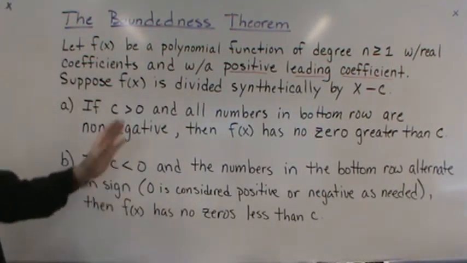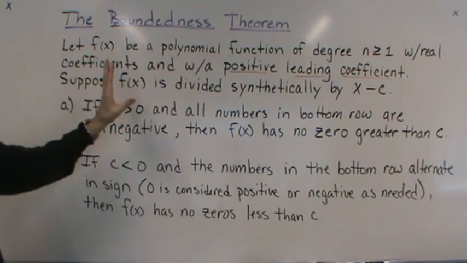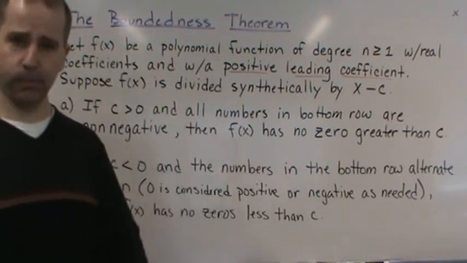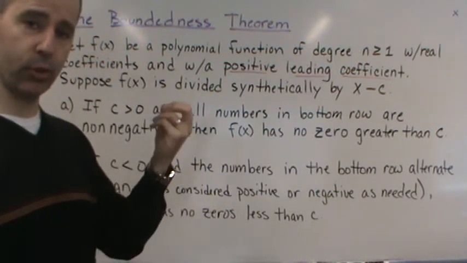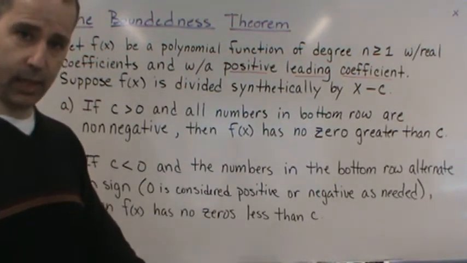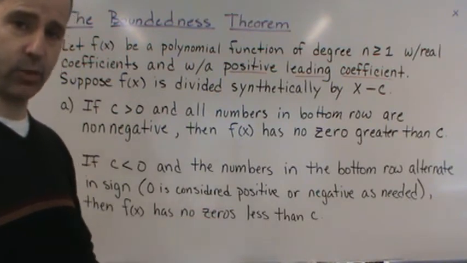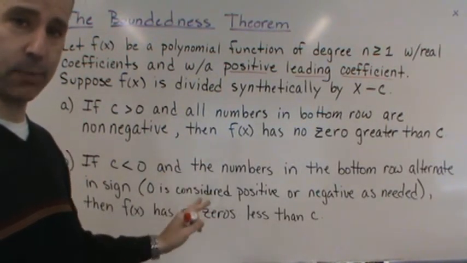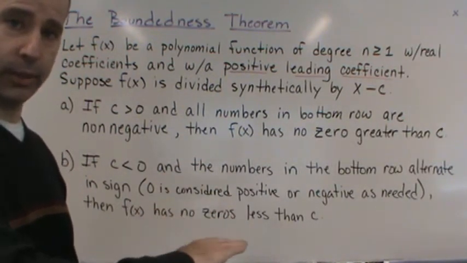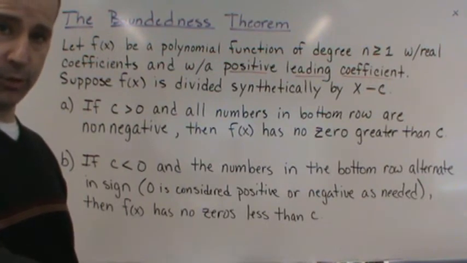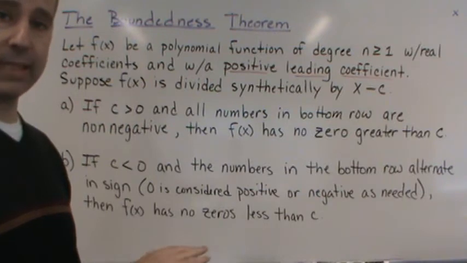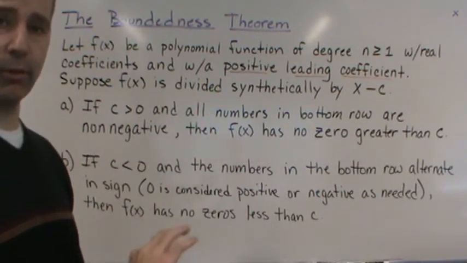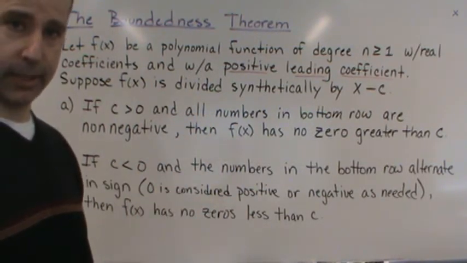So again, remember what we're doing. We're looking at the c value to see whether it is positive or negative. Then we do the synthetic division, and once we do, we look at the bottom row. If c is positive, we're looking for all non-negative values in the bottom row. If that's true, then there are no zeros greater than c.